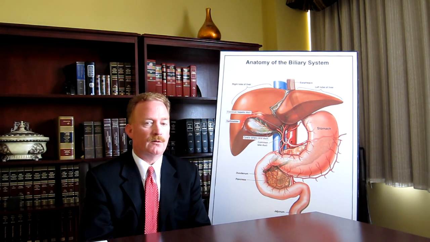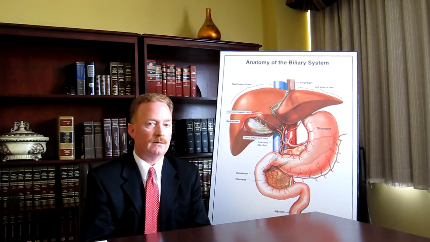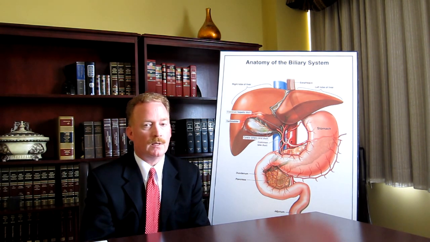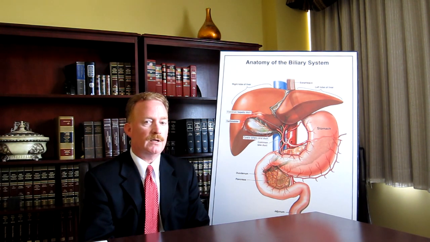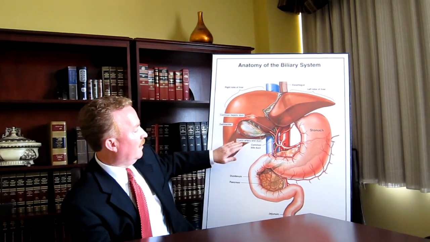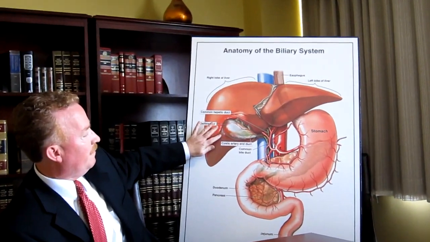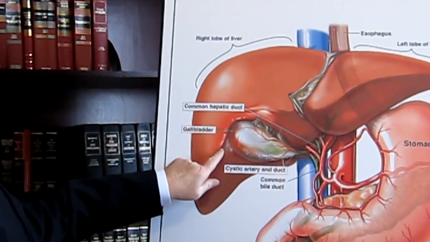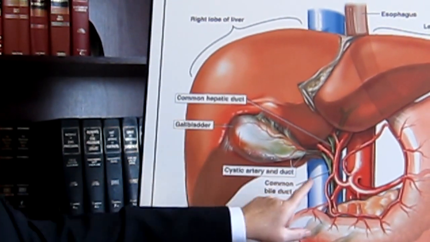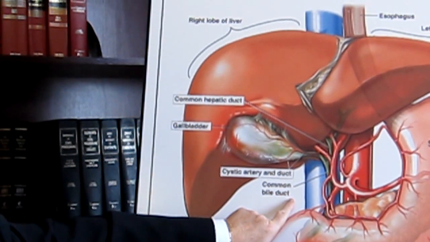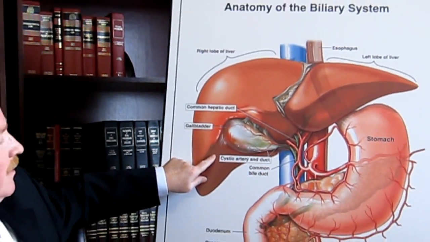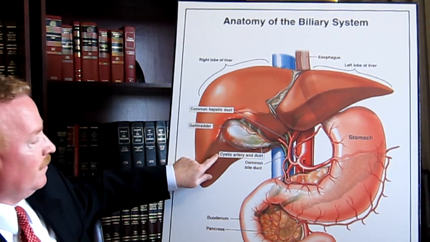Medical malpractice during gallbladder operations usually occurs when the surgeon does not properly identify the anatomy before he decides to clip and cut. We have an illustration here that shows the location of the gallbladder in the human body, and the gallbladder is attached to the common bile duct by the cystic artery and duct.